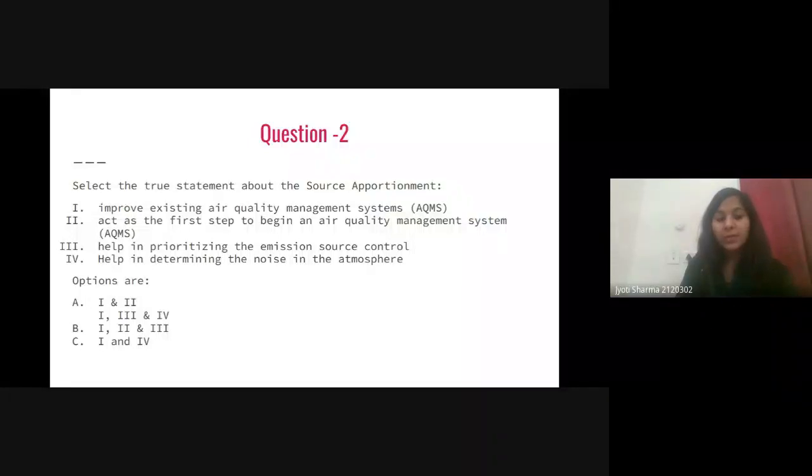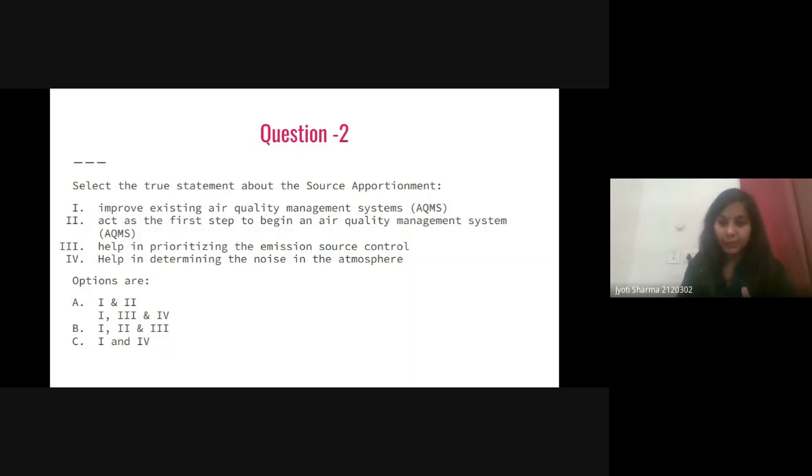So that's why it can improve your existing air quality management system. The second is just like the first one, it will act as a first step to begin an air quality management system. And third is it helps in prioritizing the emission source control.